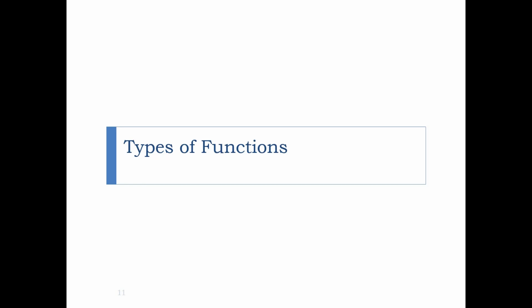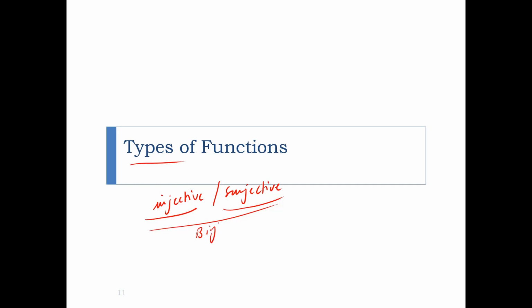Okay, so in the upcoming part, we will be talking about types of functions, namely injective functions, surjective functions, and bijective functions. Some functions happen to be injective, some others happen to be surjective, and some of them happen to be both. In this case, we would say that it is a bijective function.